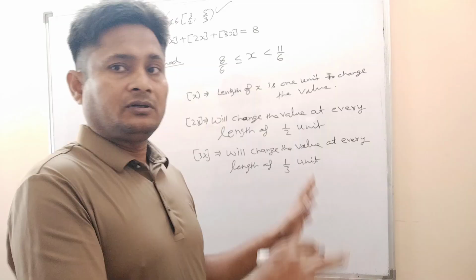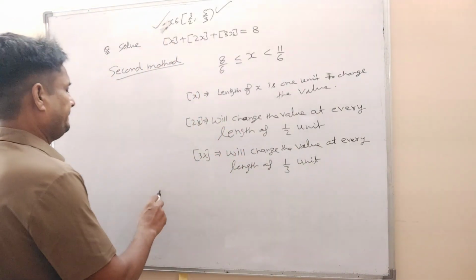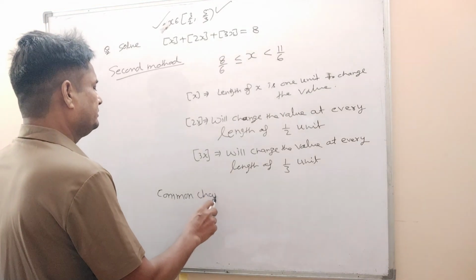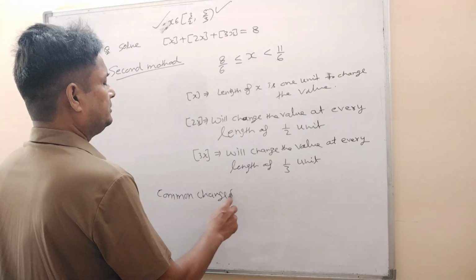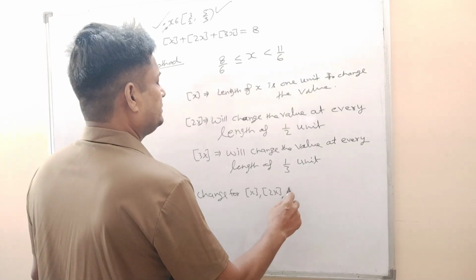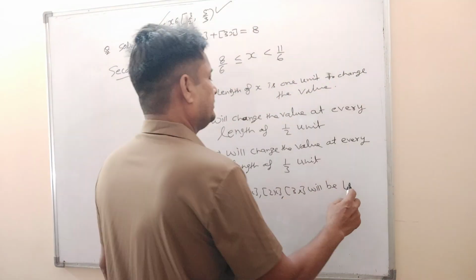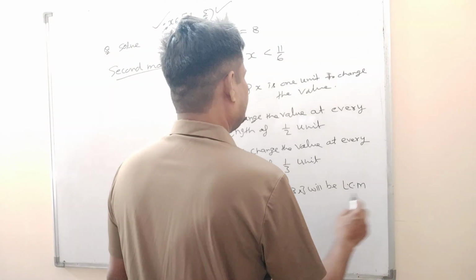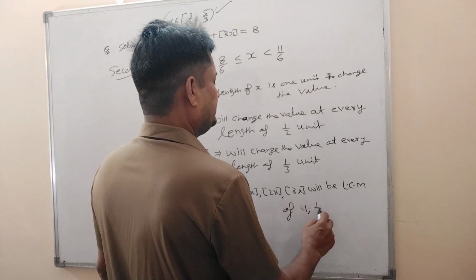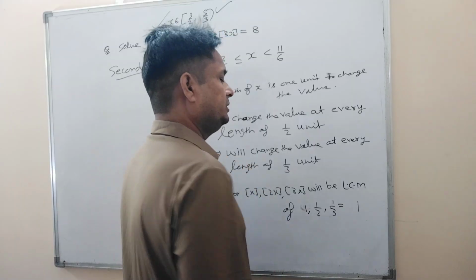Now the whole common change for greatest integer of x, greatest integer of 2x and greatest integer of 3x will be the LCM of 1, 1/2, 1/3. That means it will be 1 unit.